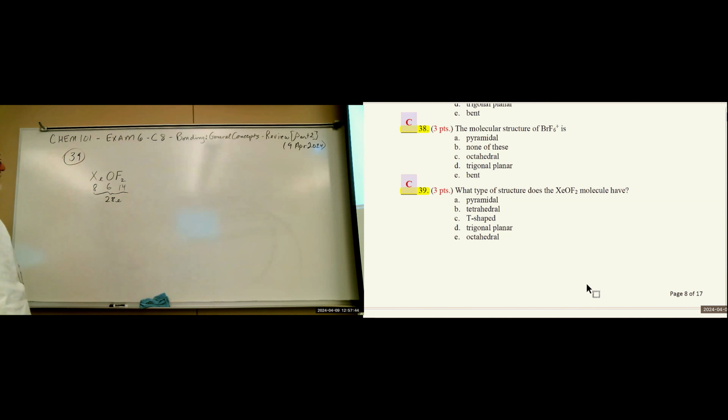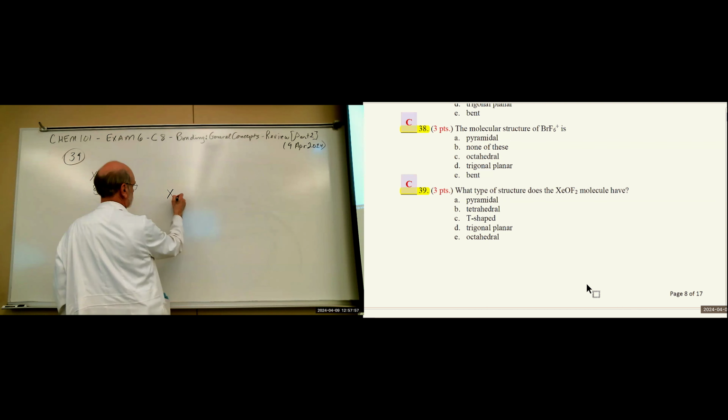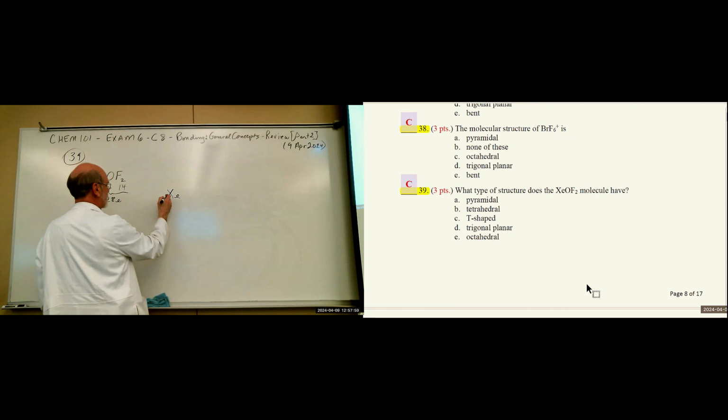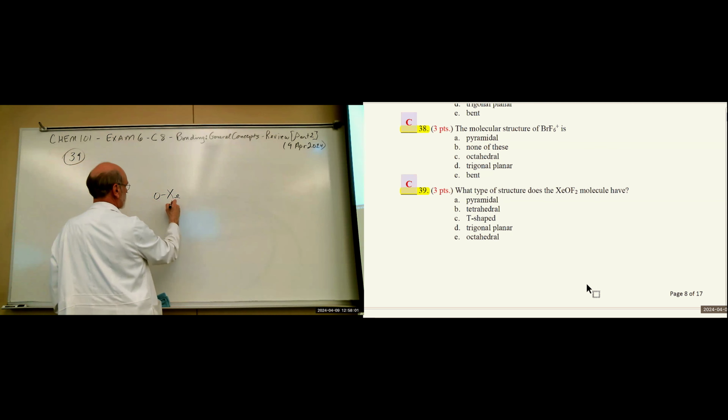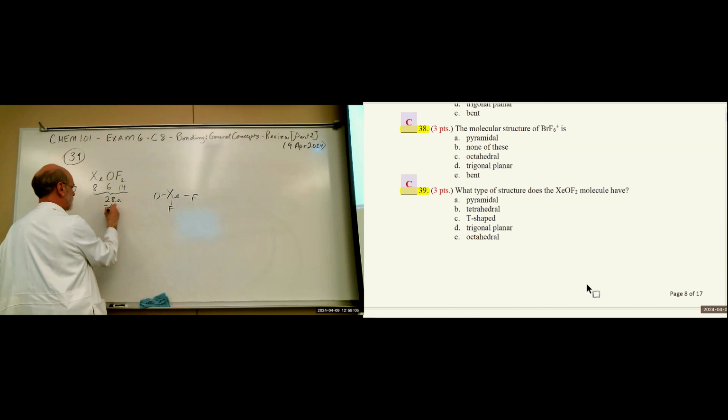Now, who's going to be in the middle? Whenever we form a compound with a noble gas, those elements are in the middle. So just memorize that one. That one goes in the middle. Then we got an oxygen, and we got 2 fluorines. 2, 4, 6.